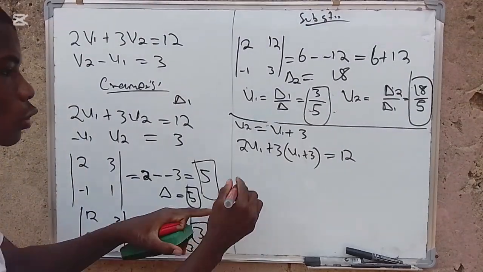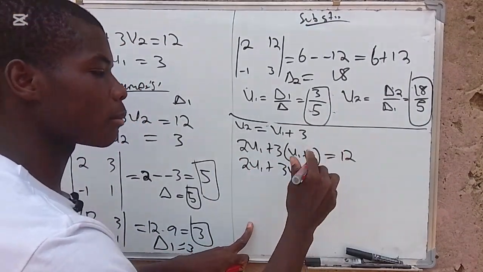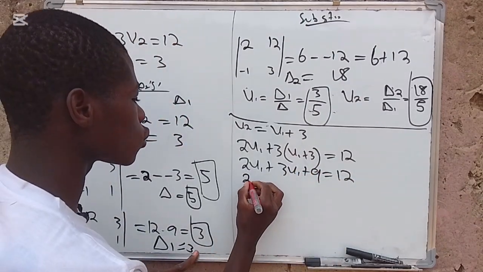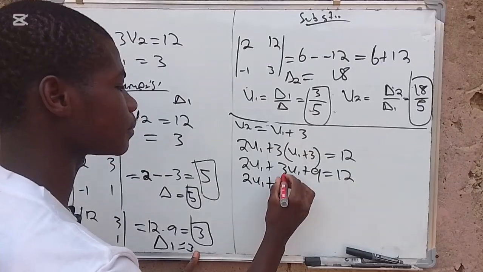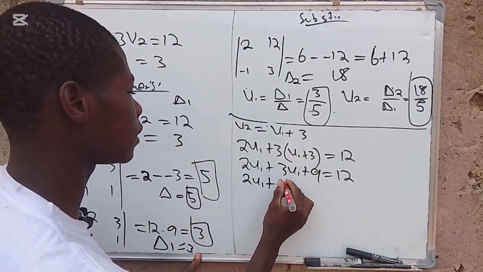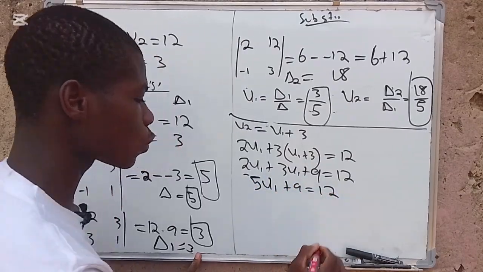This is very easy. If I expand the bracket, 2v1 plus 3v1 plus 9 is equal to 12. So it becomes 5v1 plus 9 equals 12.